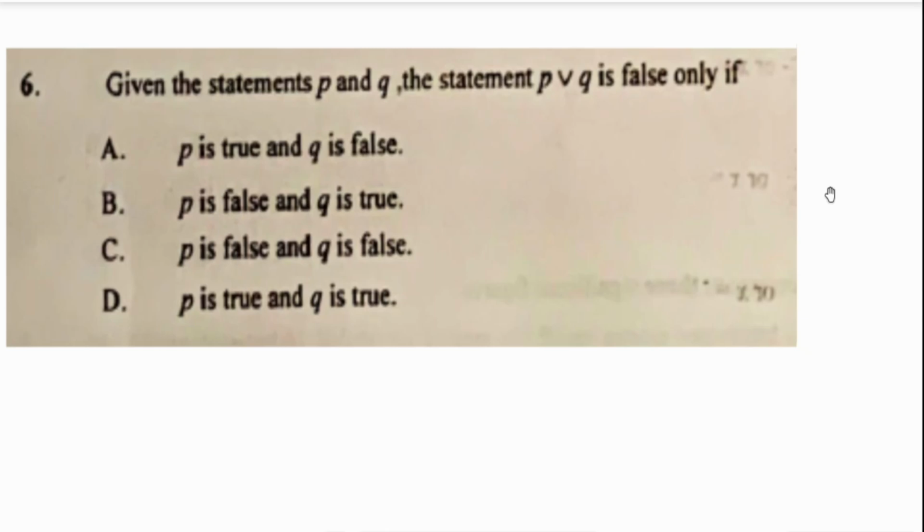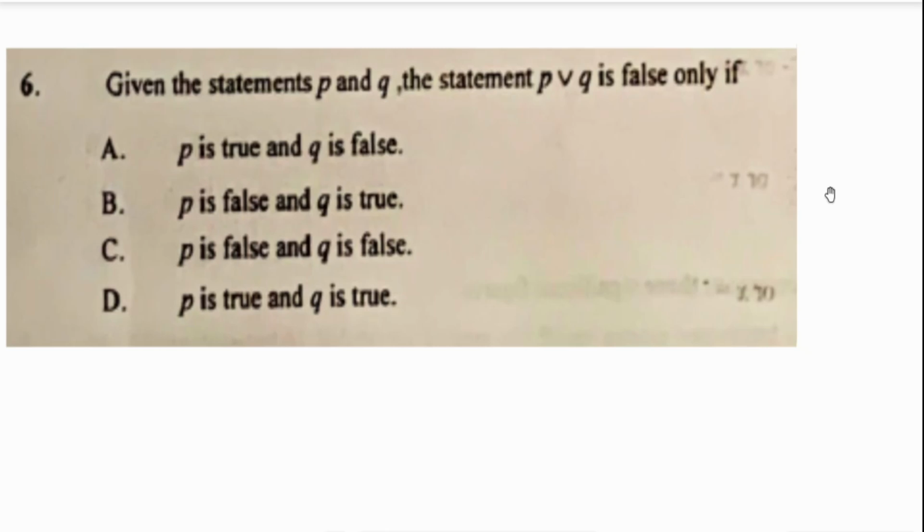And we get on to question 6, which is a logic problem. It says that given the statement P and Q, the statement P or Q is false only if. So here the only thing you need to know is that if you have two statements, P or Q, or in another word, P union Q, this is union, okay?